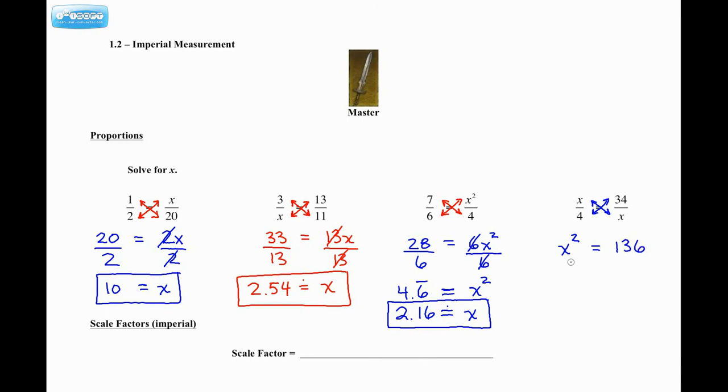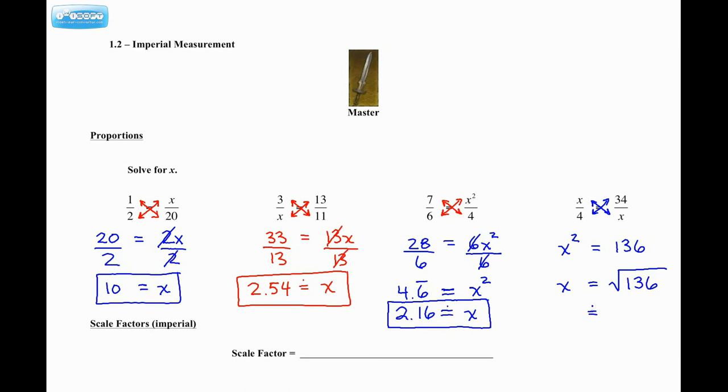Okay. But I want to know what x is, not x squared. So what number such that when I square it, I get 136? Well, I can get x simply by taking the square root of this. In fact, I'll even write that this time. I didn't last time, but oh well. Okay, so x must be the square root of 136, which is not a particularly nice number.